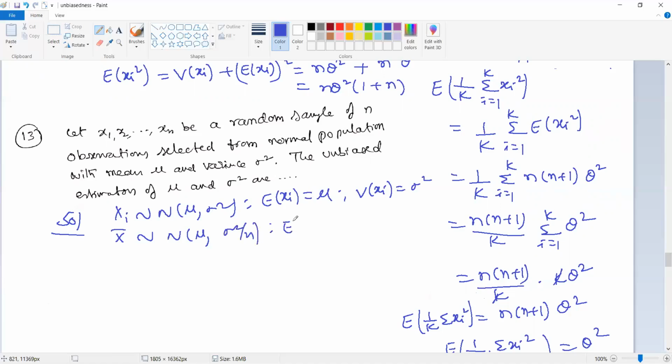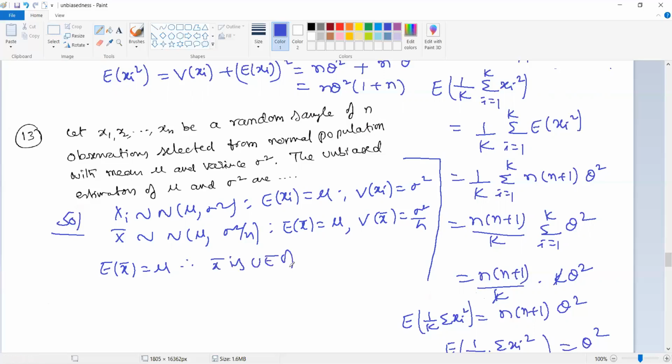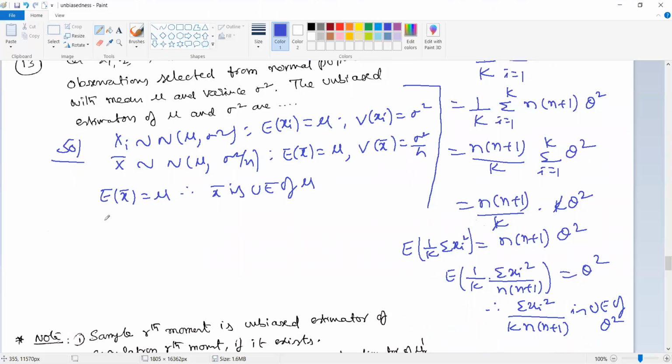E of x bar is equal to mu, variance of x bar is equal to sigma square by n. Already explained. Now E of x bar is equal to mu. Therefore, x bar is an unbiased estimate of mu.